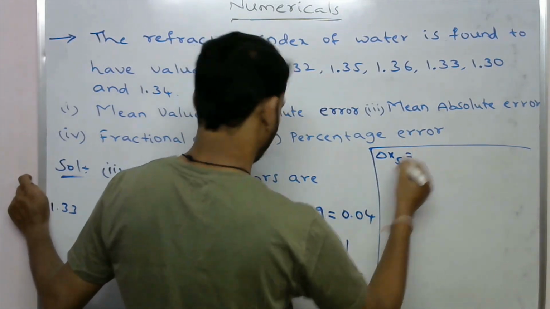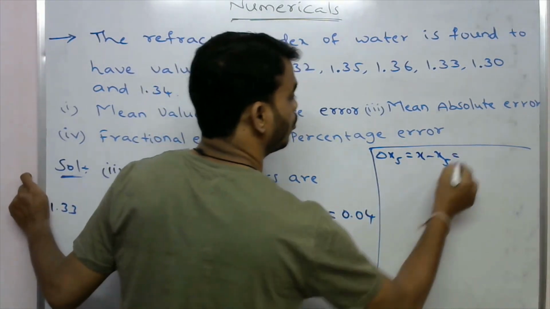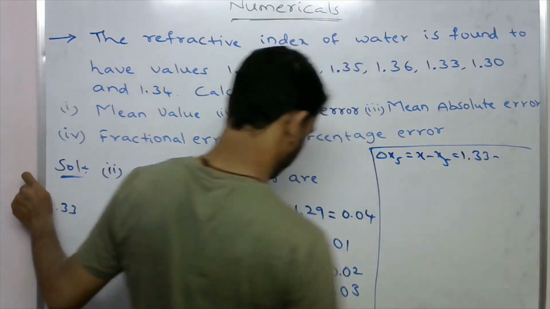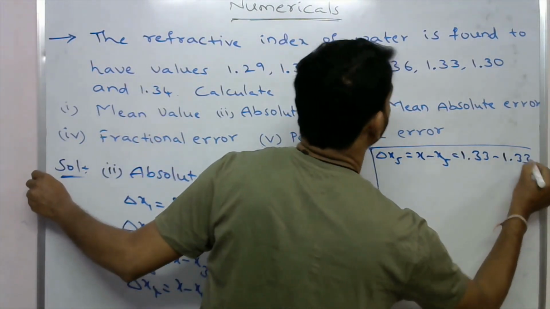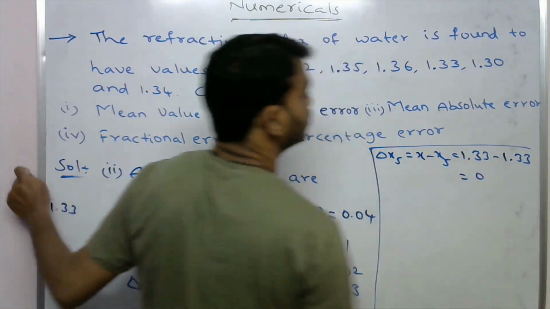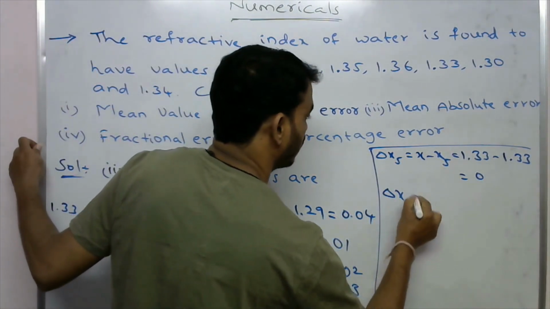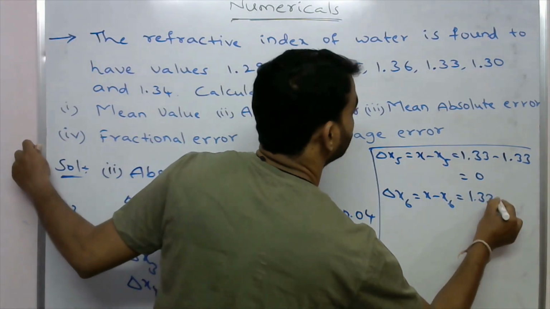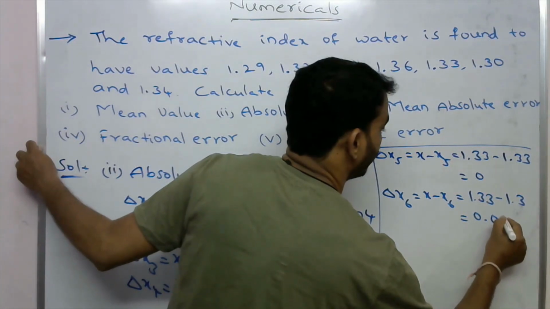Okay, the next one, delta x5, equals x minus x5, so 1.33 minus 1.33, and this value becomes 0. Next, delta x6 is x minus x6, so 1.33 minus 1.3, which is 0.03.